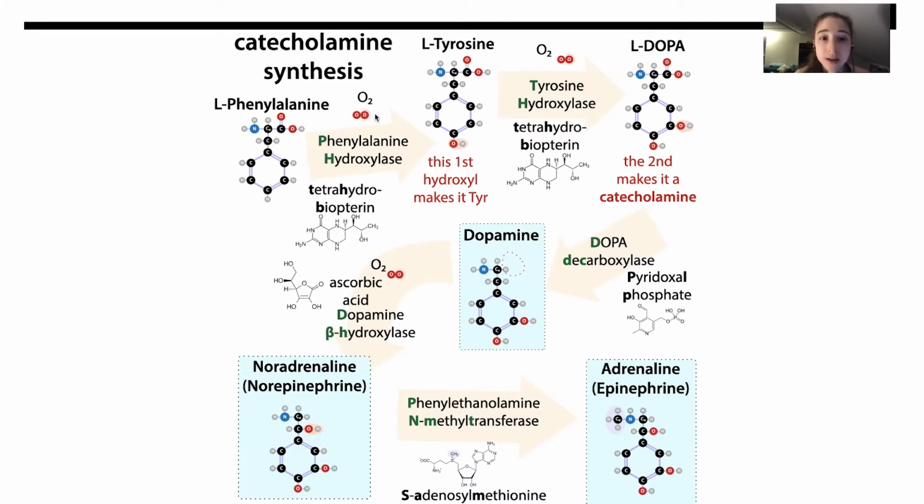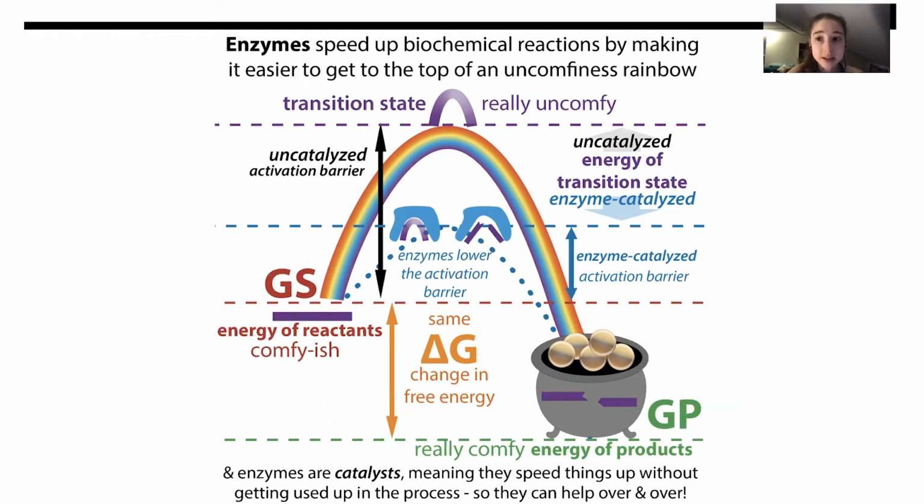So now we've encountered two different enzymes already, although if you start with tyrosine, then you don't need this one. But these both use tetrahydrobiopterin as a cofactor. So a cofactor is basically something that an enzyme uses as a helper. An enzyme is a reaction speeder-upper.